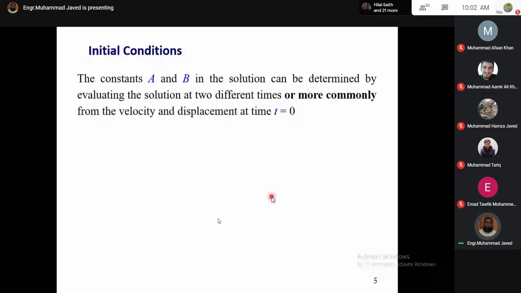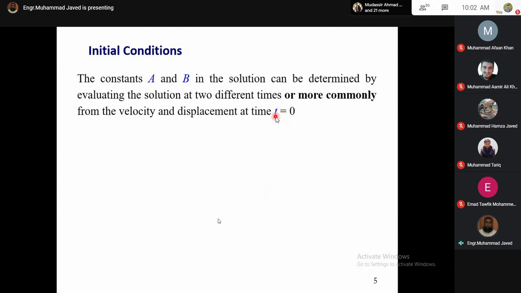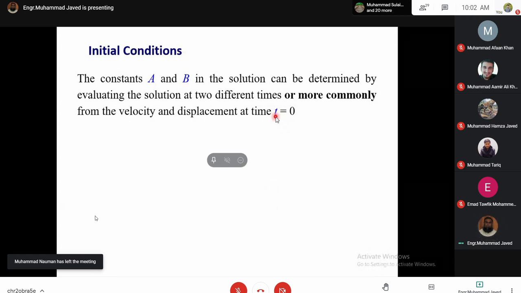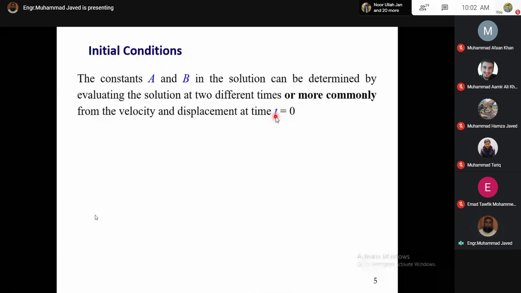More commonly, in order to find a and b, we consider the velocity and displacement at the start of free vibration, when t is equal to 0. So the common convenient method is to use the values of displacement and velocity at t equal to 0 to find these constants a and b.